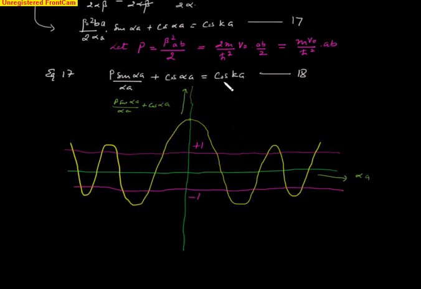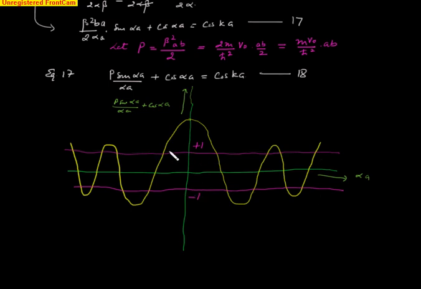But on the right hand side we have the cos term, which varies between minus 1 and plus 1. So these pink lines show that the value of cos, that is the right hand side, varies only from minus 1 to plus 1. It means the values of this yellow line curve are valid only where they lie between this plus 1 line and this minus 1 line.